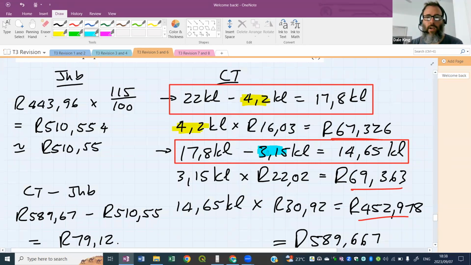This 3.15 was charged at 22 Rand and 2 cents. After that, we didn't have to worry because we ended in the third bracket. The rest of the water will be charged at this final 30 Rand 92. Oh, okay. So it's just step-by-step calculation.